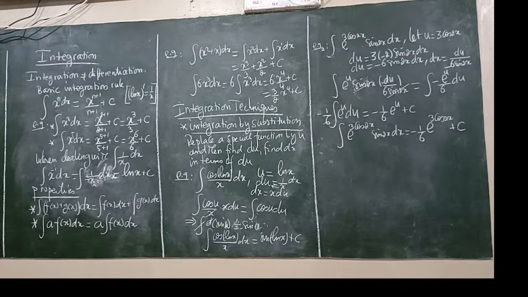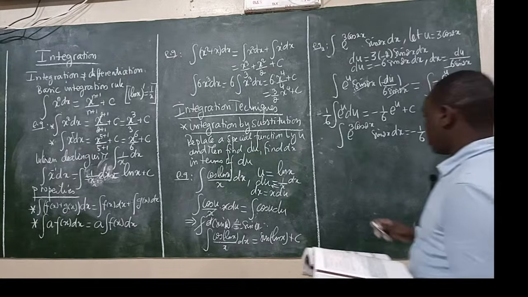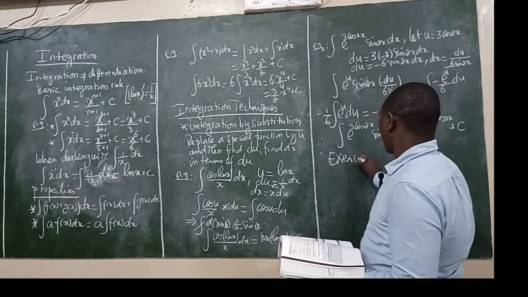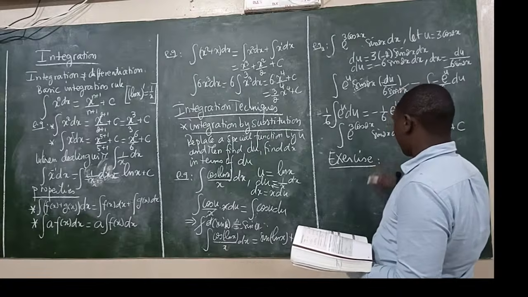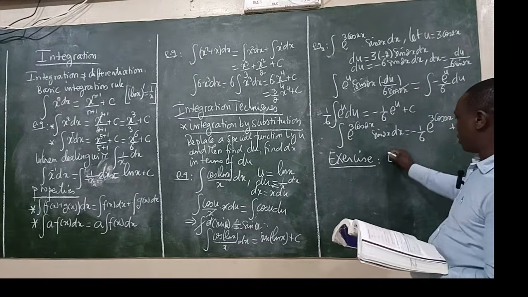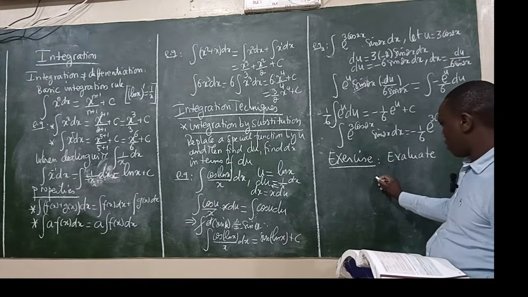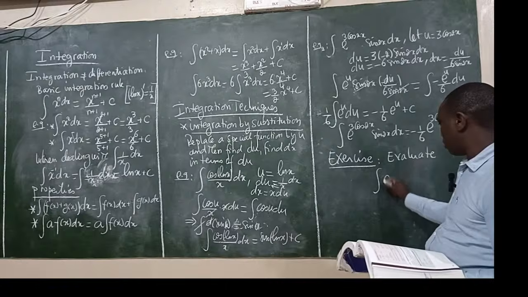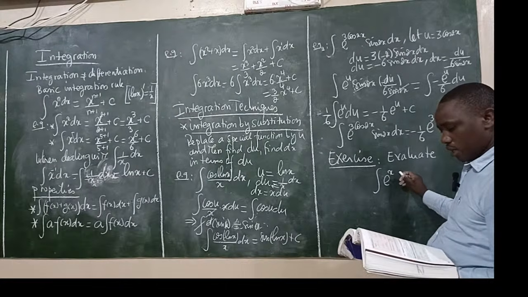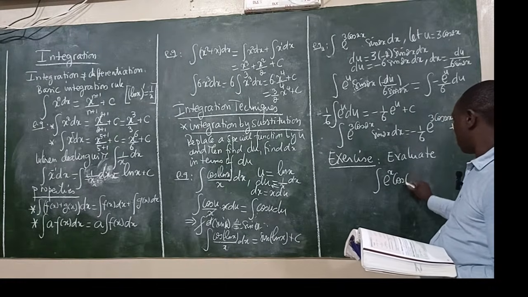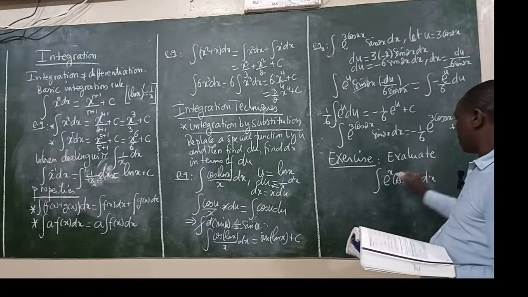The next questions I want to give as exercise. Exercise: evaluate. A is the integral of e to the power of x times cosine of e to the power of x dx.